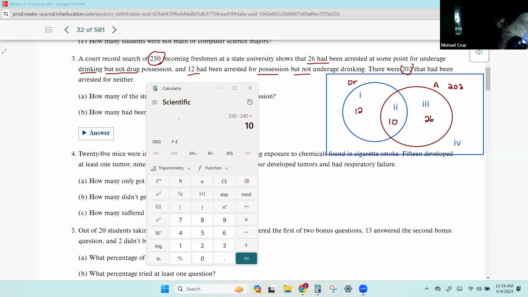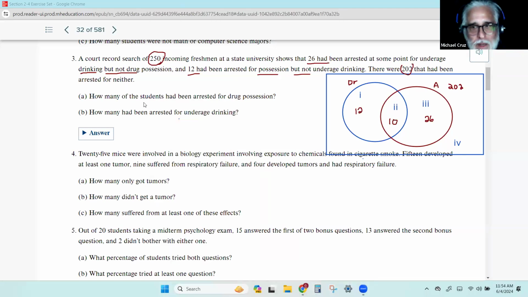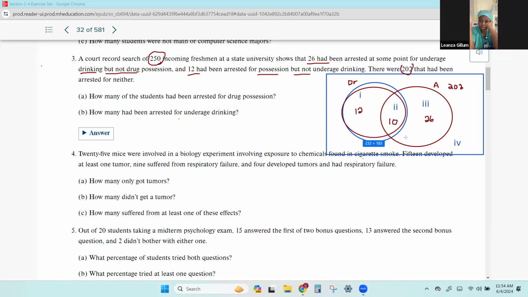All right, now that we got it filled in, we should be able to answer the questions. So, how many students have been arrested for drug possession? Hint, hint, hint. It's 22, right?